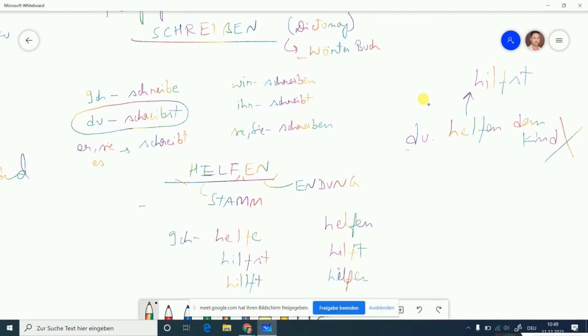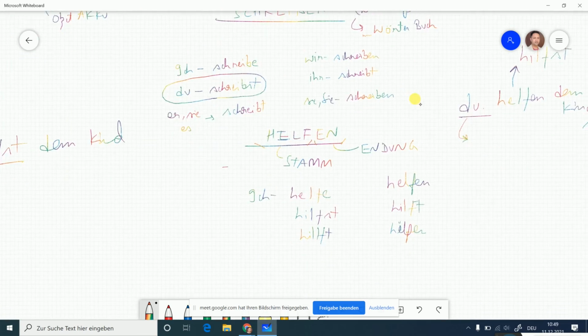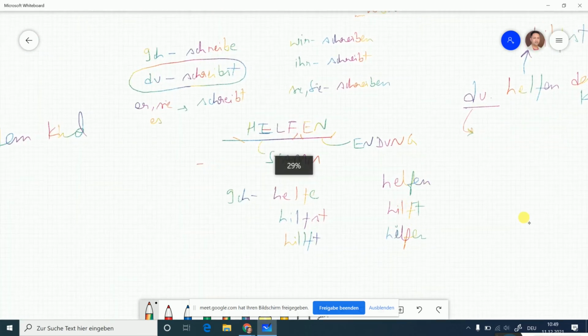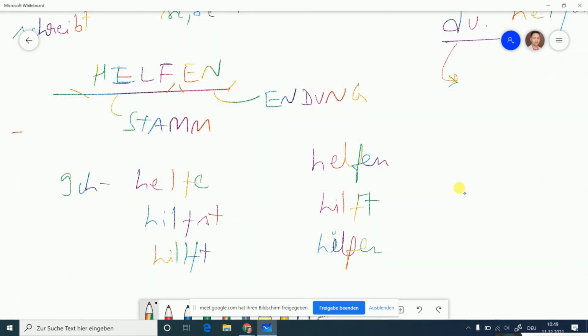That is du, singular and second person, right? So this was just a revision, but make sure that you don't make mistakes here. There is no relation with English here, because English will be like I help, you help, we all help, they help. Help will be the same. But in German, it will be changing all the time.